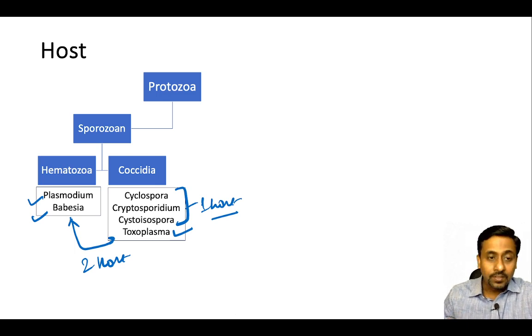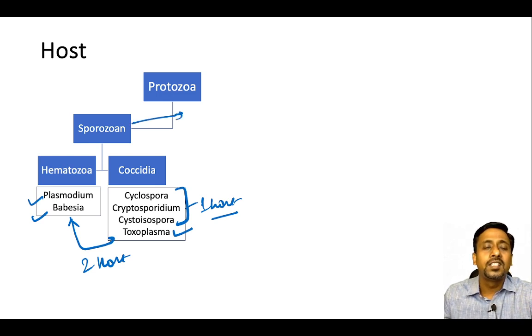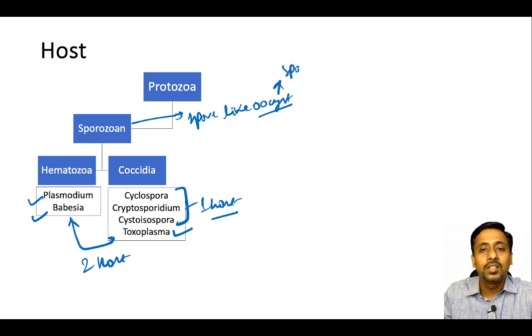The name sporozoan itself suggests that they contain something spore-like. Basically the oocyst is spore-like in this case, and I'm calling it spore-like because it contains sporozoites. This oocyst containing sporozoites is the infective stage.